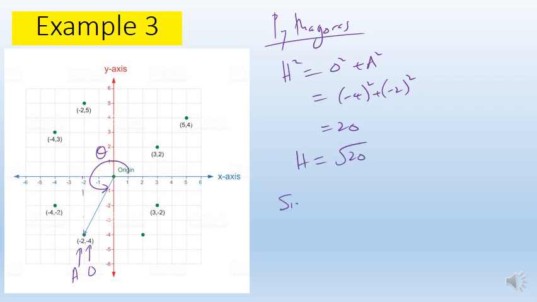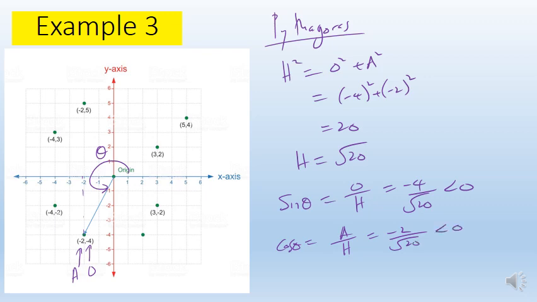So let's find out what sine of theta is. It's opposite over hypotenuse. The opposite side was minus 4, the hypotenuse is root 20. And as expected, sine of theta in the third quadrant is negative. Cos theta is adjacent over hypotenuse. Adjacent here is minus 2. The hypotenuse is always positive, which gives me a negative value at the end.